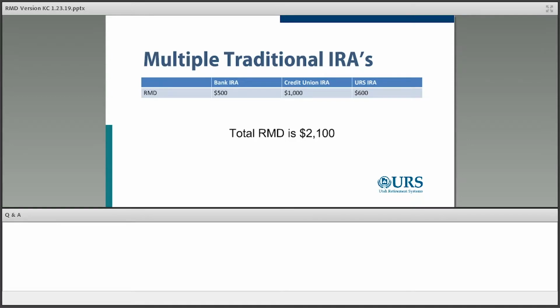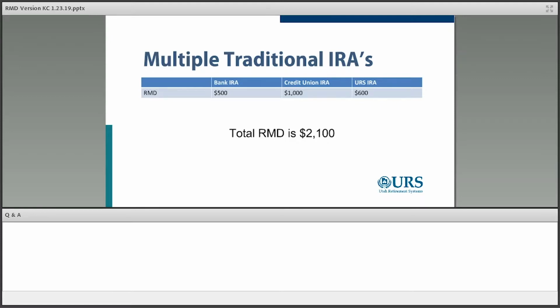In this made-up scenario, we have assumed that the required minimum distribution from the bank IRA is $500, the minimum distribution from the credit union IRA is $1,000, and the minimum required distribution from the URS IRA is $600. So that gives a total of $2,100 in minimum required distributions that need to be taken from IRA accounts.